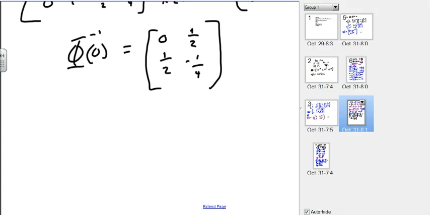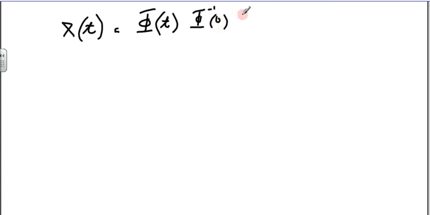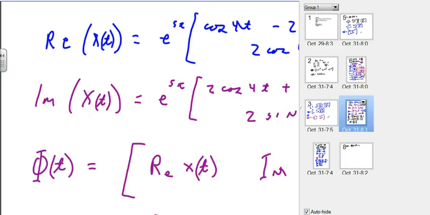All right, now, here we'll go to the next piece of paper. We want to do x of t is equal to iota at t inverse iota at 0 x0. So that's what we're doing. Okay, so I'm going to go back and find where the last place I had my iota. That's going to be here.